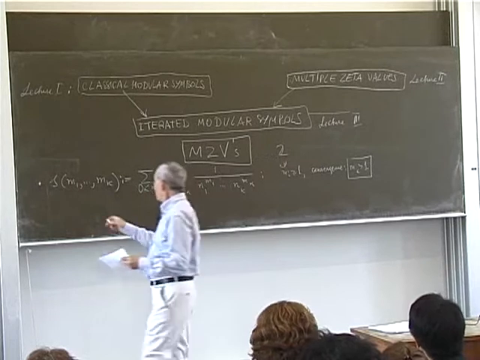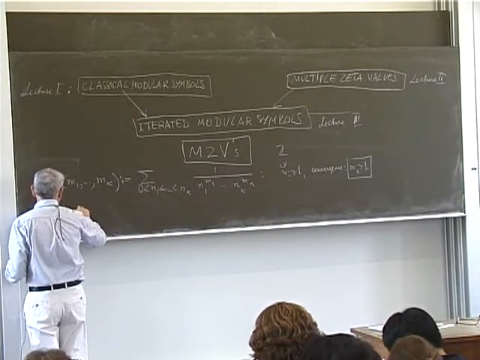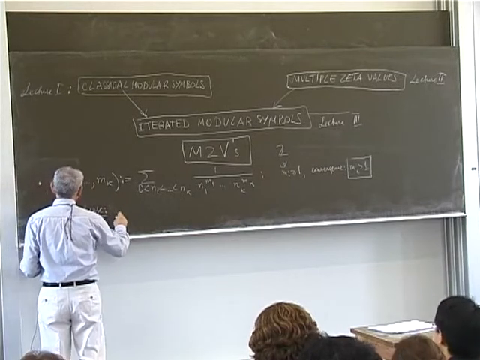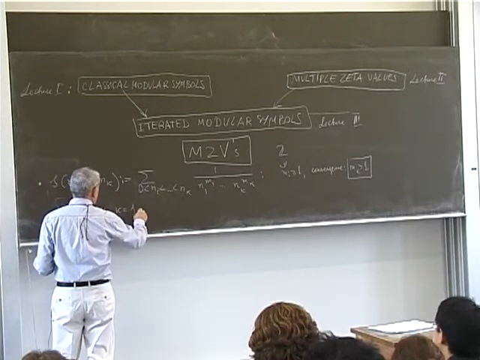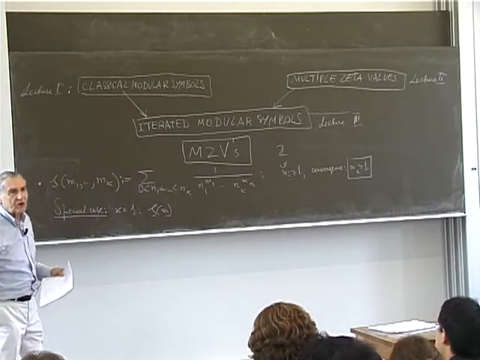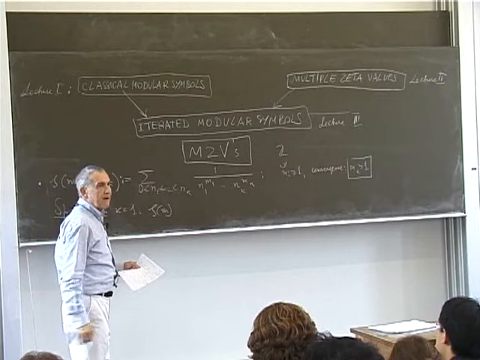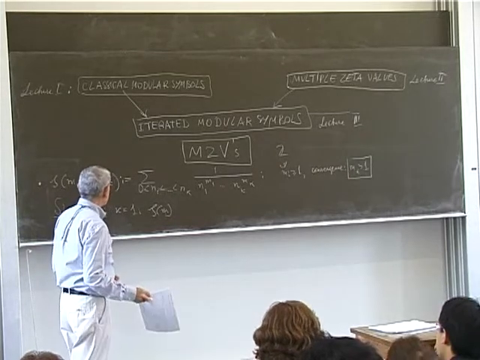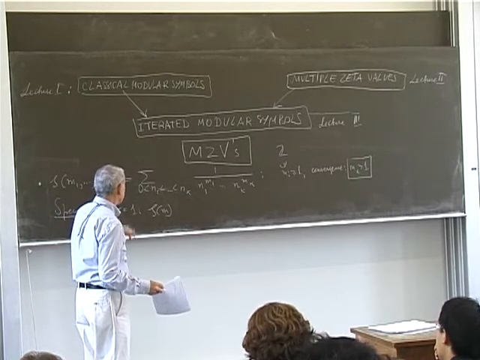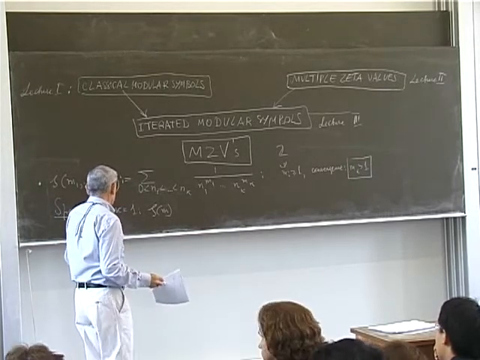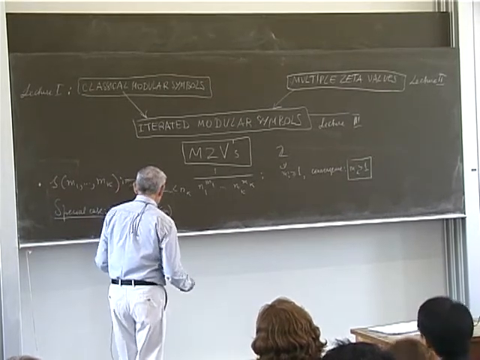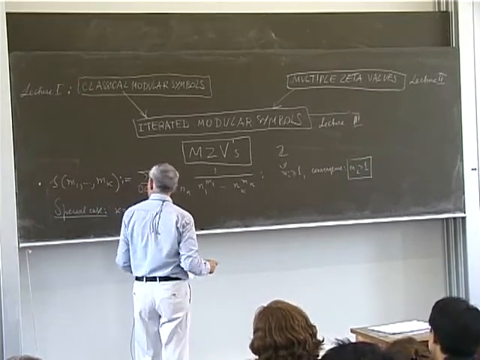And of course, a special case is when k equals 1, so we get just the usual values of zeta at integers. And I told you that one of the uses of classical modular symbols is evaluation of certain values of certain L-series at certain integral points. So this is, of course, the classical case.